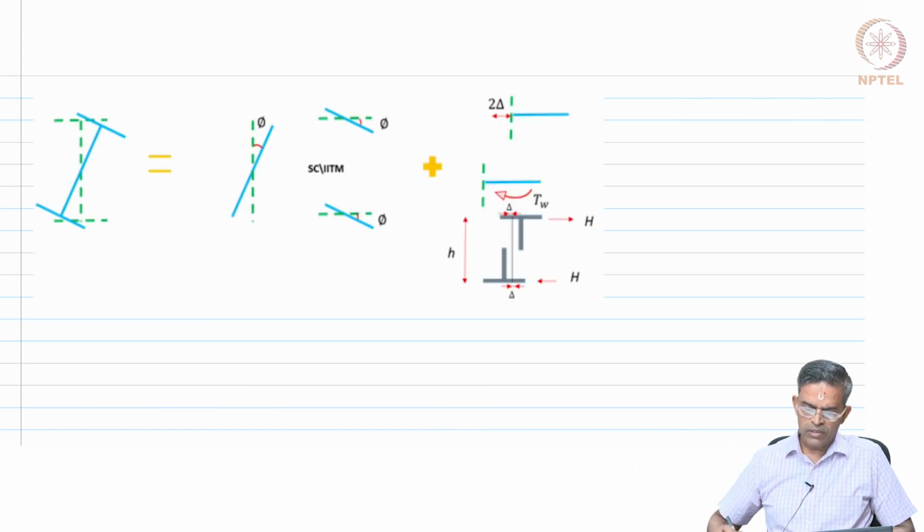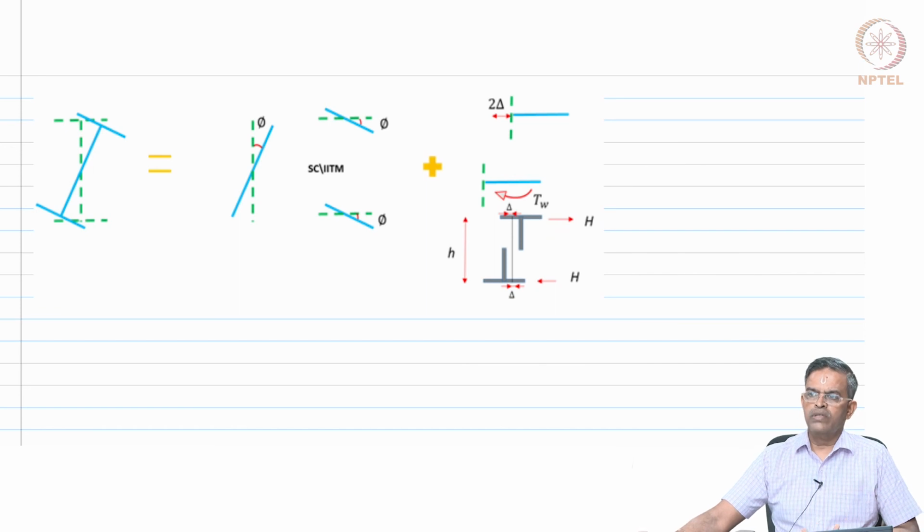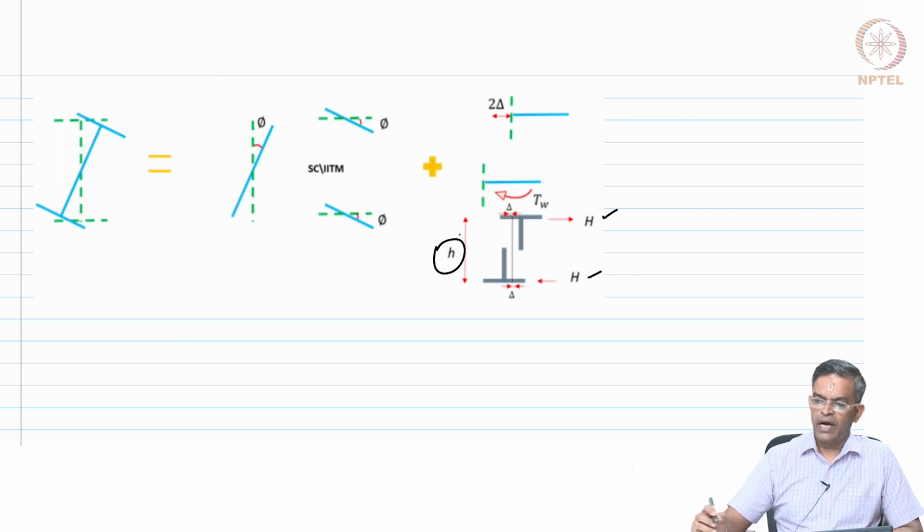Now, having said this, please pay attention to this figure where the rotation is indicated as theta or phi, and each lateral displacement of the top and bottom by one delta is summed up as 2 delta. There is a couple caused by a horizontal force H separated by the height of the member.